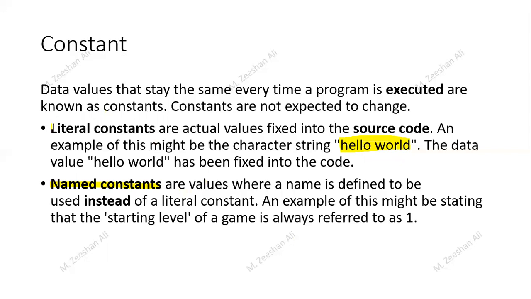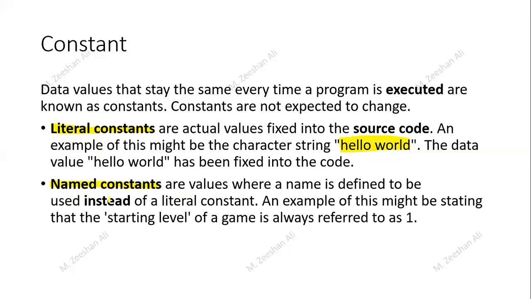Okay, so there are two different types of constant, the literal constant, and the second one, named constant. Literal constant is the one that we do not give any name. The named constant is the one we have given some sort of name to it.